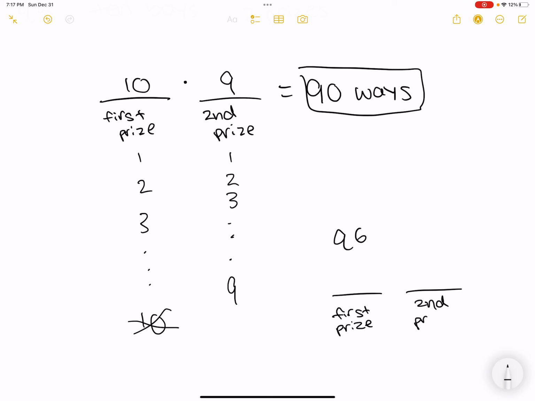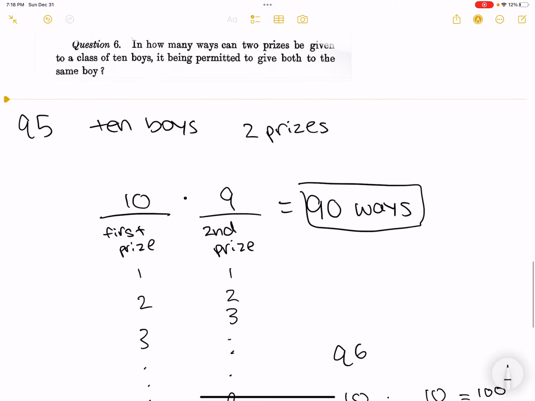So that means all the 10 boys can get the first prize. So there are 10 boys who could get the first prize, and there are also 10 boys who can get the second prize. So this results in there being 100 ways for the boys to get both the prizes.